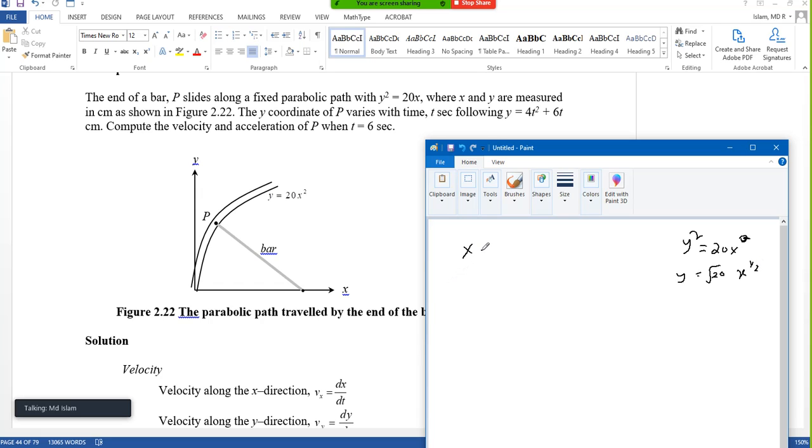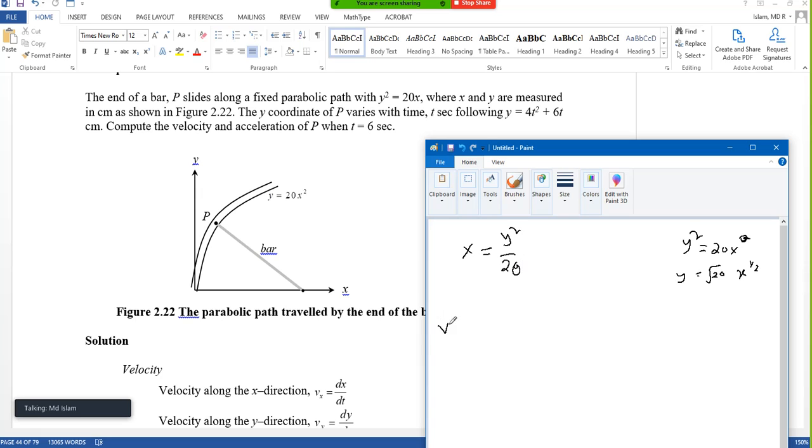But how can I find x? No, no, I made a mistake maybe here. x is y squared by 20. So it is actually given. We need to rearrange it.